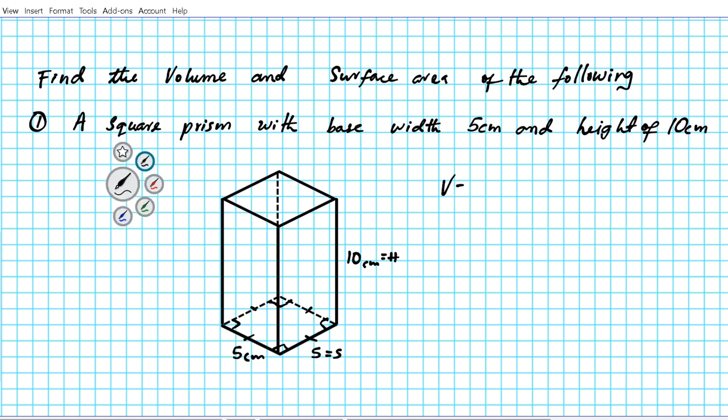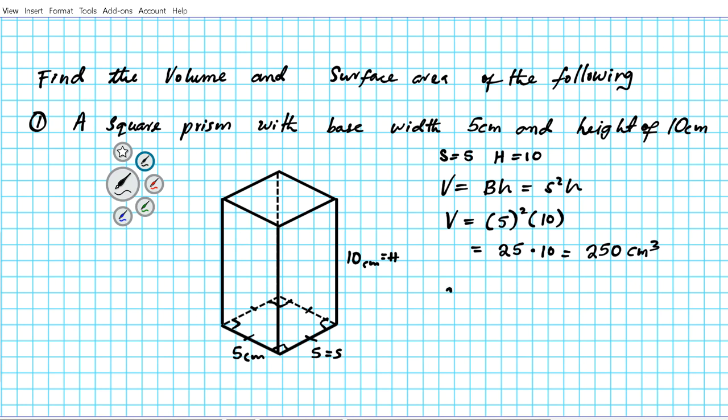Volume V is area of the base times height, which is S squared times H. So we know that S is 5 and big H is 10, so we just plug it in. Volume is going to be 5 squared times 10. Use order of operations, Please Excuse My Dear Aunt Sally. You square this first, you have 25 times 10, and your answer is going to be 250. Since you multiply 3 lengths, the unit is going to be centimeters cubed.